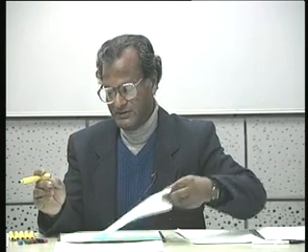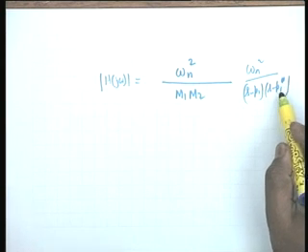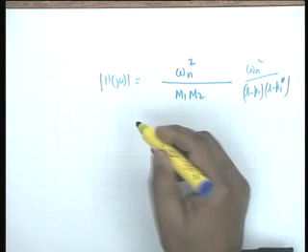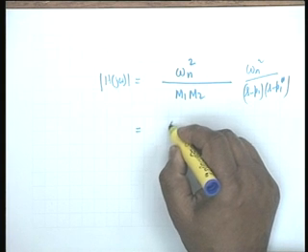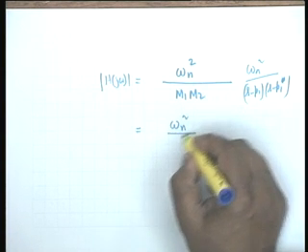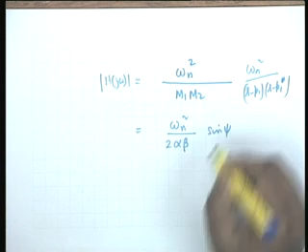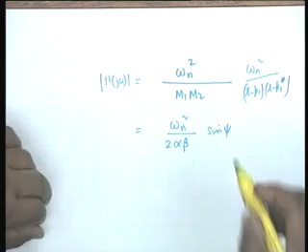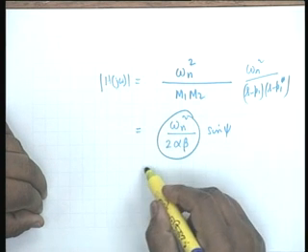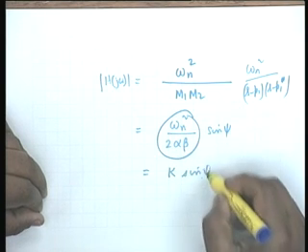There are no zeros, and therefore it is only the product of the pole vectors, j omega minus p1, j omega minus p1 star. And since we have found m1 m2, this is equal to omega n squared divided by 2 alpha beta multiplied by sine psi. You call this k, this is a constant.